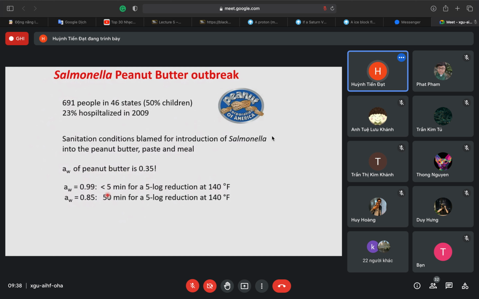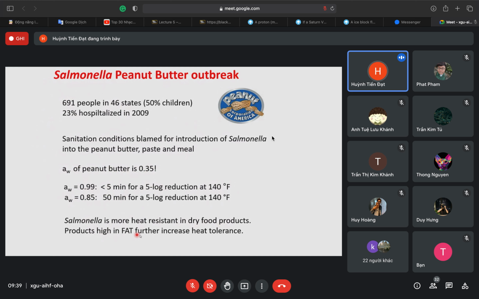You see now they keep the same heat treatment, but now the time is extended, because low water activity is more resistant to the death. Okay, so they maintain the high survival. Just think about this one. So more heat resistant in fried food products, okay?